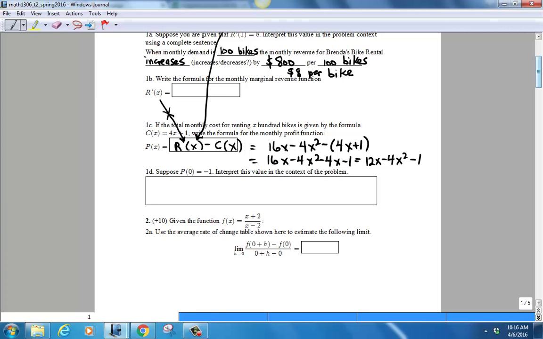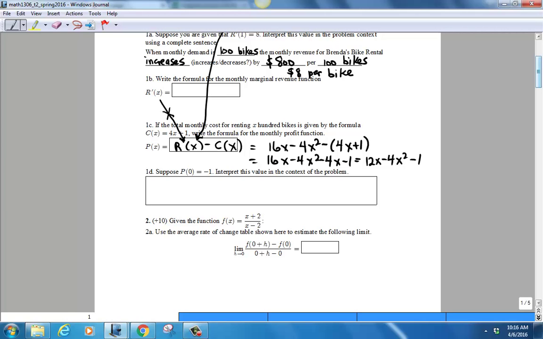Marginal profit, marginal revenue, marginal costs are increasing, decreasing type interpretations. This is just plain old profit, okay? So you're not going to have the word increase, decrease in there. So a lot of people had the word decrease in their answer because they were looking at that negative output there, okay? But decrease should not be in your answer, all right?